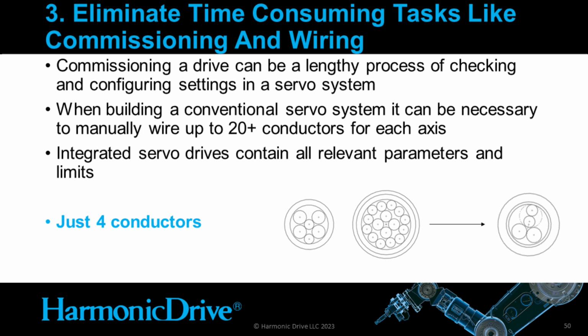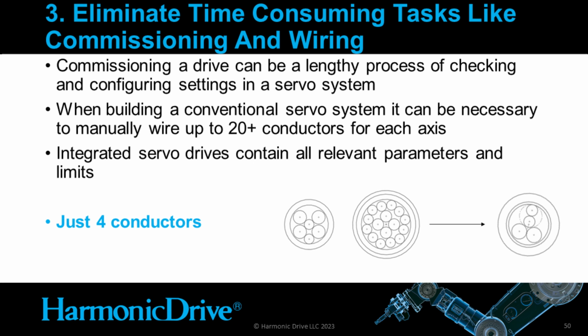The next tip I have for you is to try to find ways to eliminate time-consuming tasks like commissioning and wiring. Commissioning a drive, as we saw earlier, can be a lengthy process of checking and configuring multiple settings in a servo system. You can eliminate that by using actuators with integrated servo drives because they've already included the commissioning step.